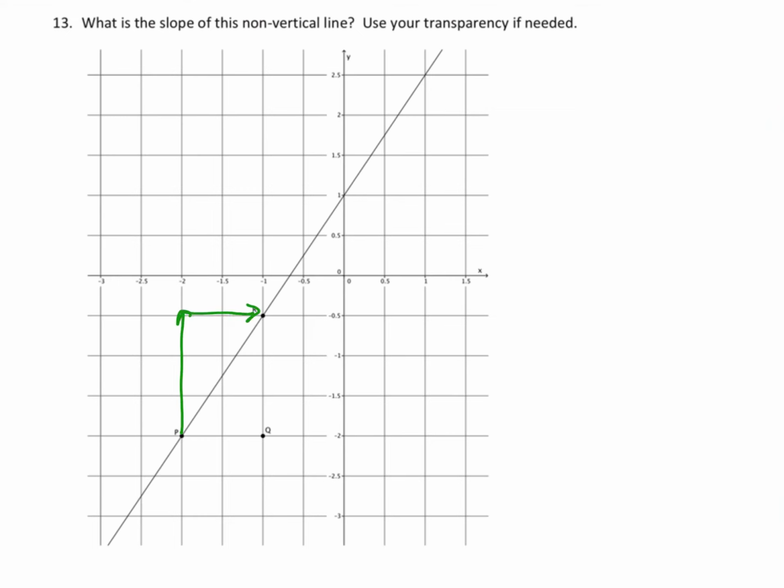Up and then over. I went up a half, 1, 1 and a half, and over 1. So my slope is 1.5.